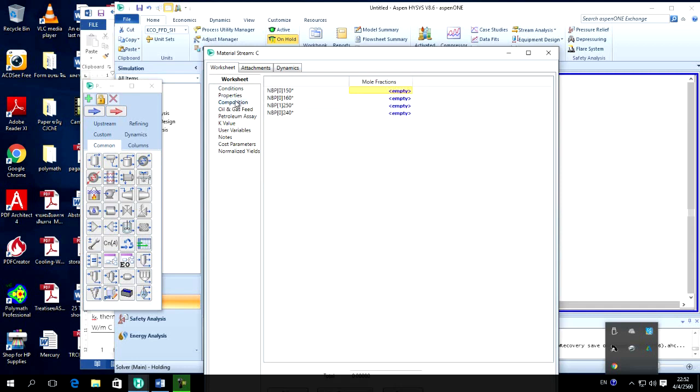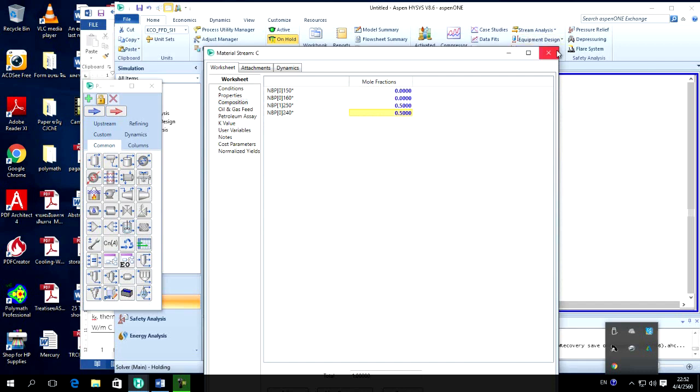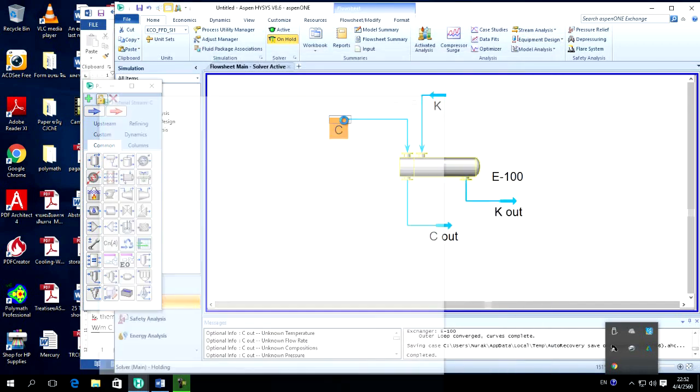And this is the crude oil. The crude oil should be these two representative species, so I put 0.5 in both species. So I'm done.